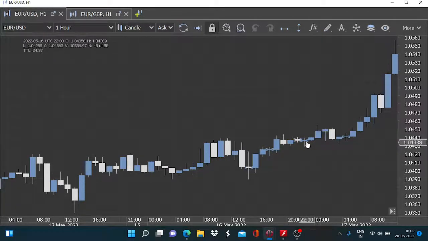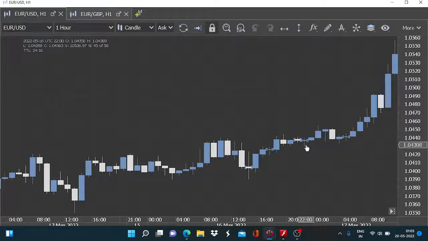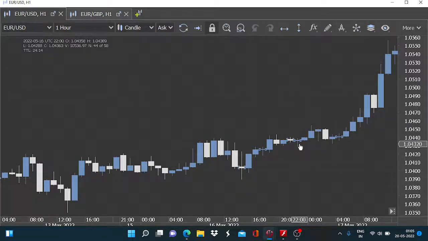To make sure that is the case, we will compare the closing price and candle high difference with the last hour's candle open and candle low difference, and we need the wick to be not less than 4 times the tail. That means the difference between the candle open and the low value should be 4 times more than the difference between the candle high and the candle close price.